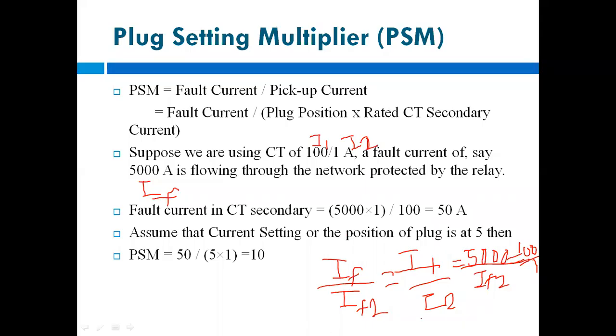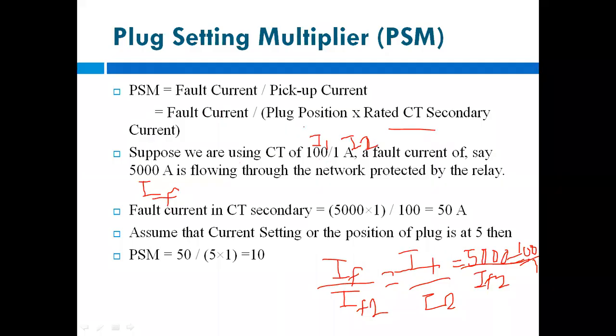So here, what is given? For finding PSM, the formula is fault current divided by plug position into rated CT secondary, right? But here the current transformer rating is given, so we have the rated CT secondary.